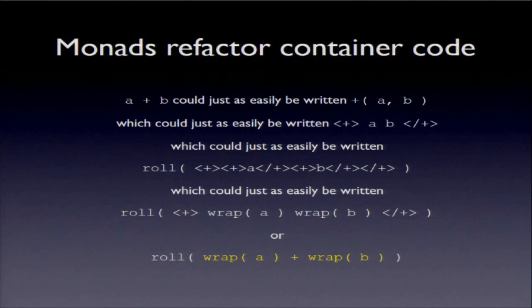If you look here, this is the infix way of writing addition or some kind of combination or composition operator. That syntactically could just as easily be written like this in prefix style. So we know this is just massaging syntax. We haven't changed any semantics.